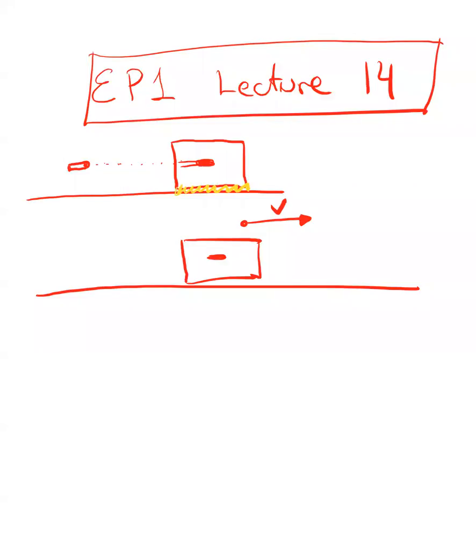Now, let's say I know the velocity of my bullet, the mass of my bullet, and the mass of my box. What I want to do is figure out how fast this box will be moving after this bullet gets stuck in it. So how do I do this? Again, to do this properly, I would have to write down the forces. I would have to figure out the force of the bullet on the box as the bullet goes through the box.